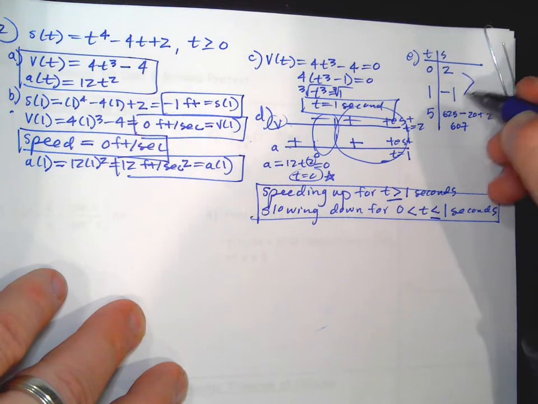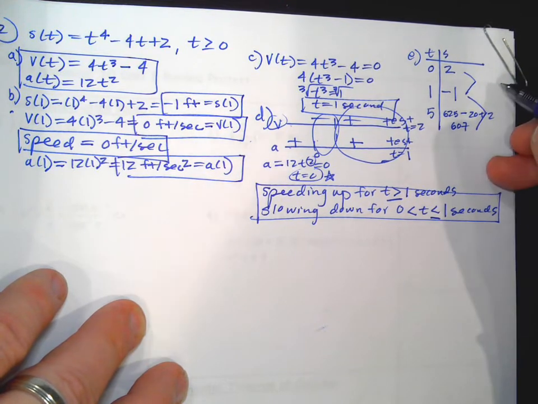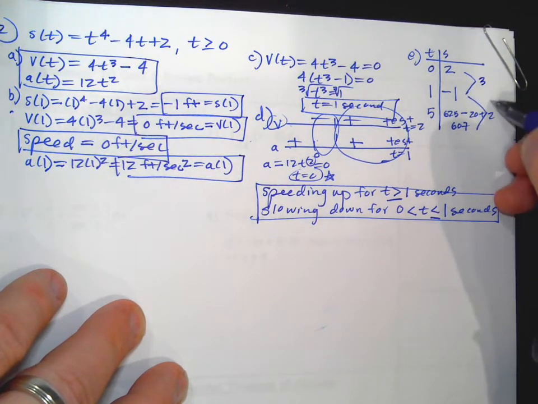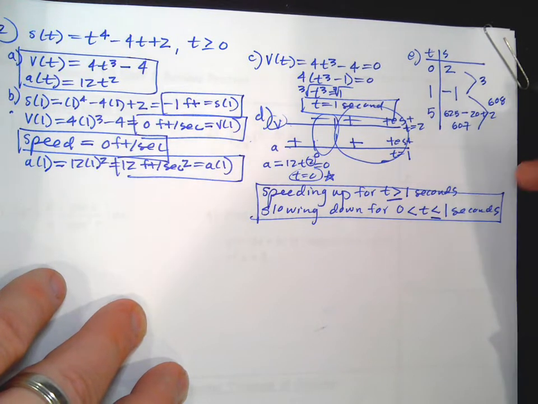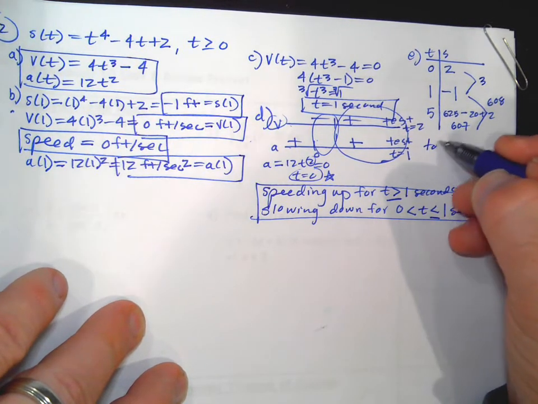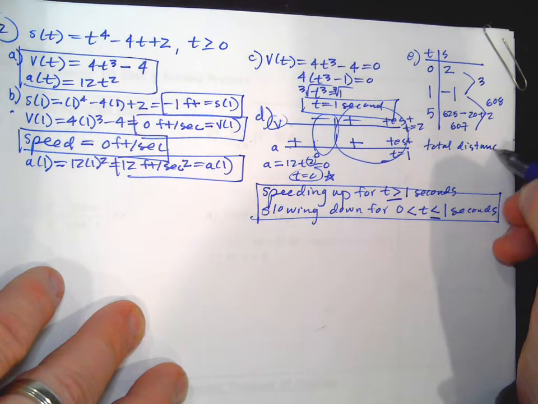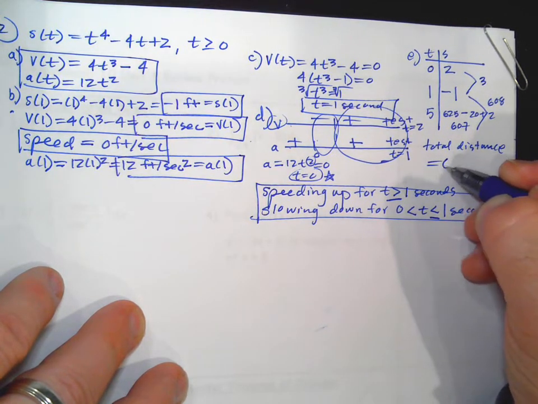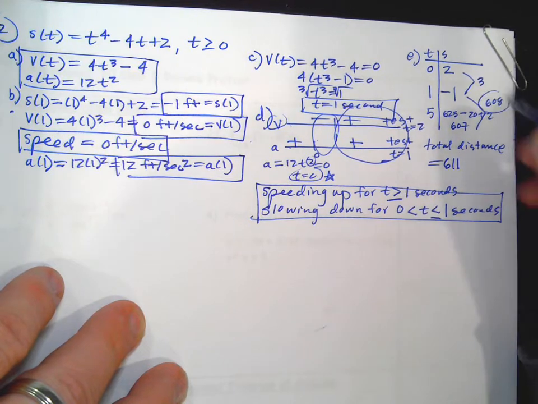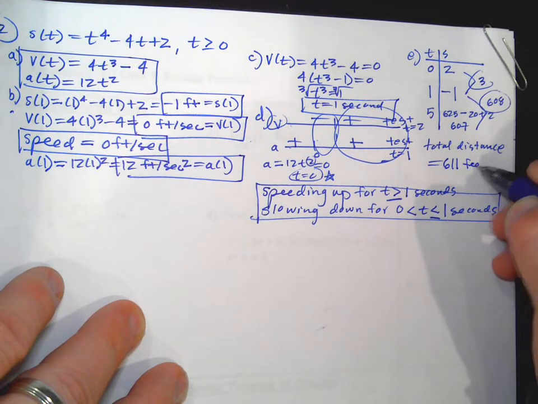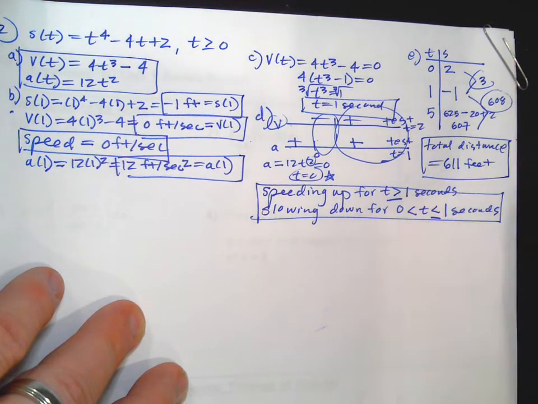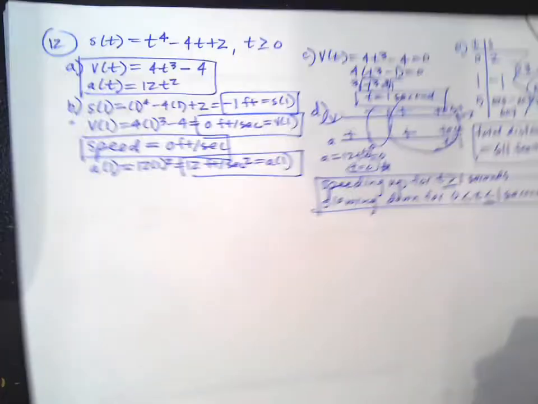And then distance is the absolute value of the difference between each of these positions. So this is 3 and this is 608. And so the total distance is 611 if you add these up. 611 feet. Okay.